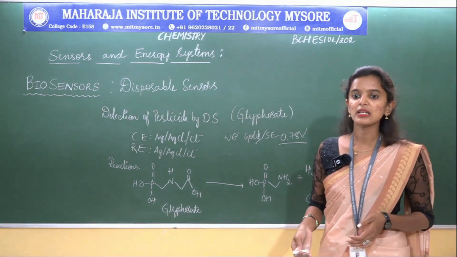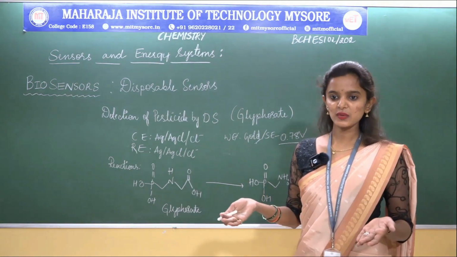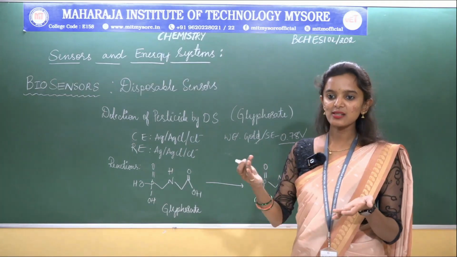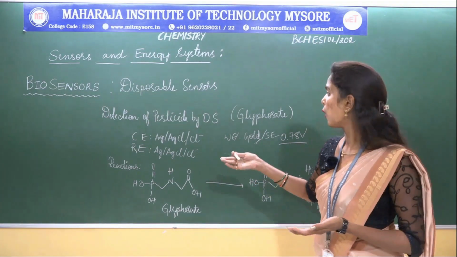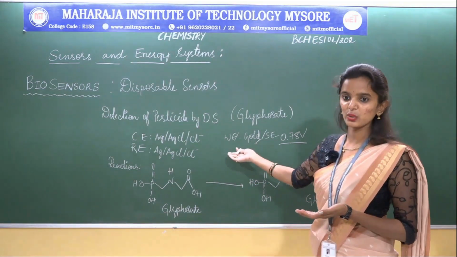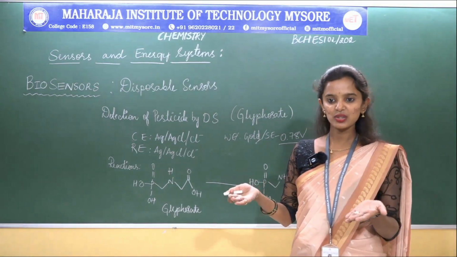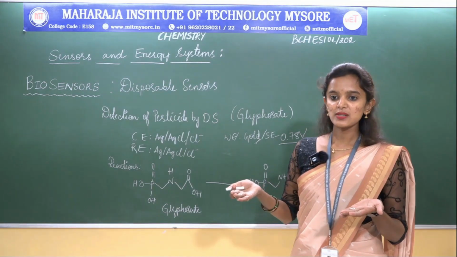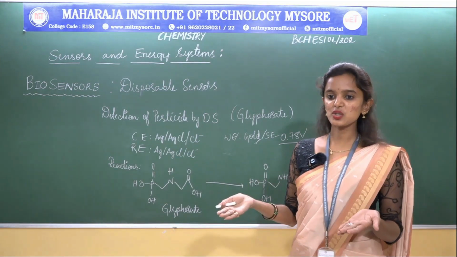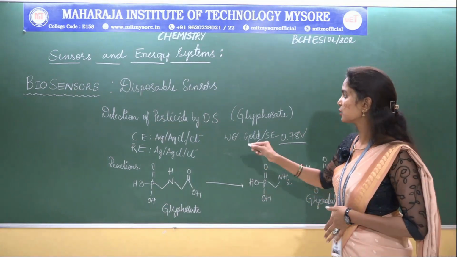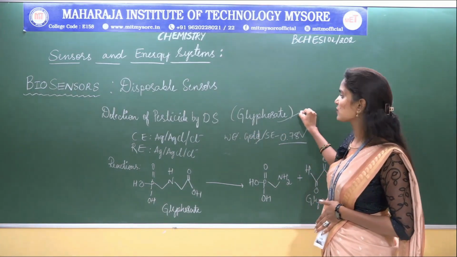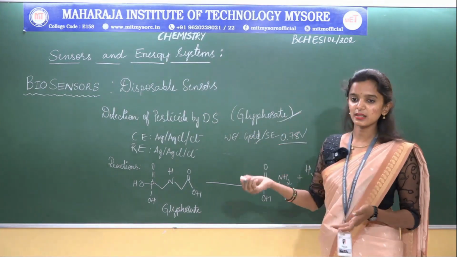Then what happens is the analyte interacts with the electrode surface. The glyphosate oxidizes on the surface of the working electrode, the gold, also termed the sensing electrode. This causes a change in potential, that is, a change in current. The change in current or potential is directly related to the amount of glyphosate present in the solution.